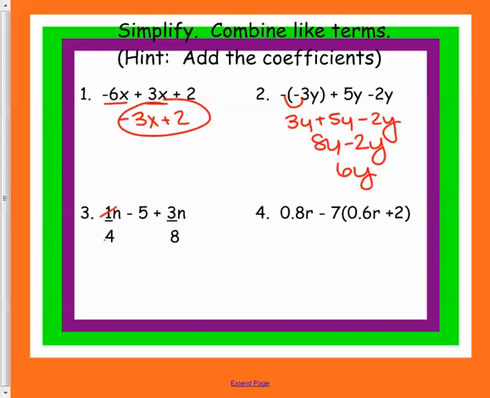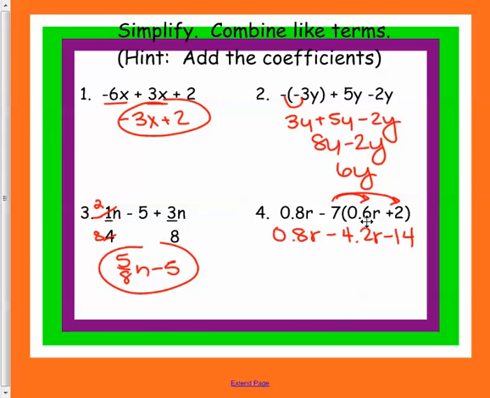But first, I've got to make sure that I have the same denominators. So I have to cut this 1/4 into eighths, and so I get 2/8. So now I have 5/8 n minus 5. Over here, I've got to distribute the 7 to both of these.